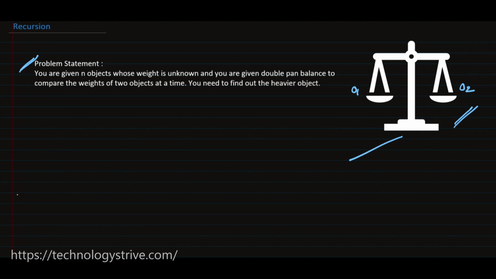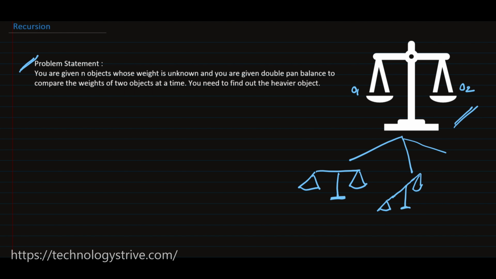One is if the weights of O1 and O2 are equal, then it will be balanced as it is, something like this. And either O1 weight is more than O2, or O2 weight is more than O1. If O1 weight is more, then O1 will be down and O2 will be up.